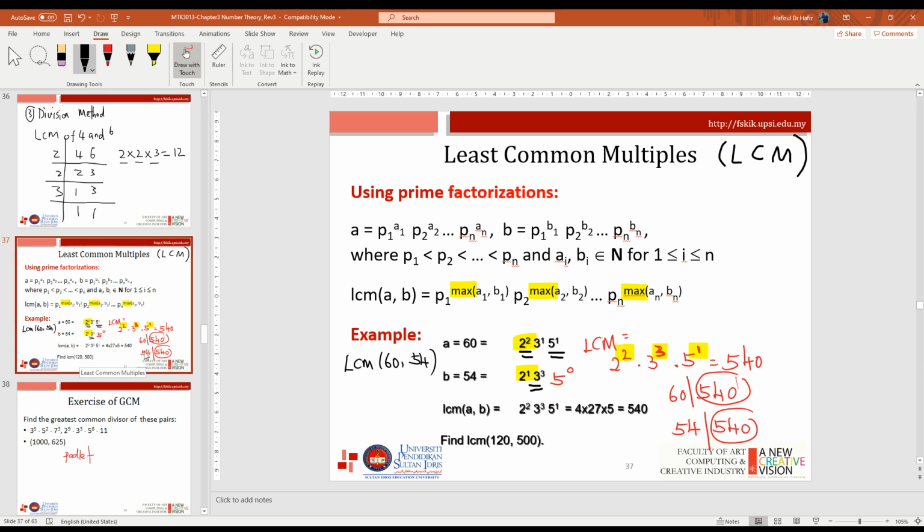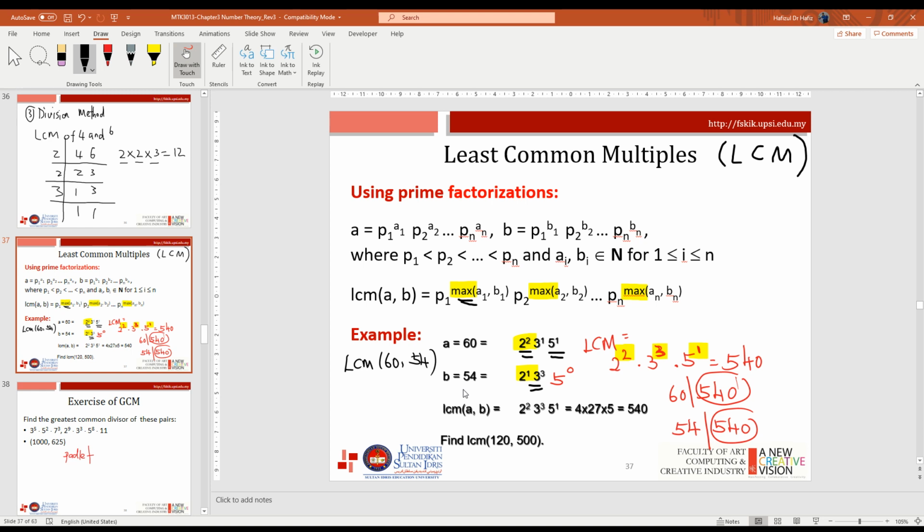Then for the least common multiple, we have to choose the maximum power. For example, we have A is 60 and B is 54. For 60, it is 2 to the power of 2 multiplied by 3 to the power of 1 multiplied by 5 to the power of 1.